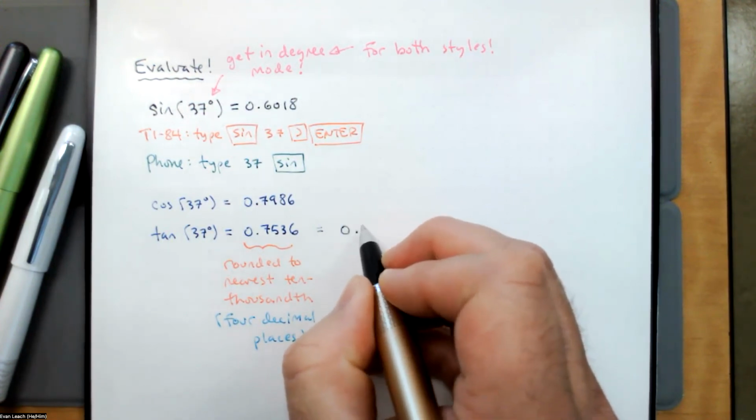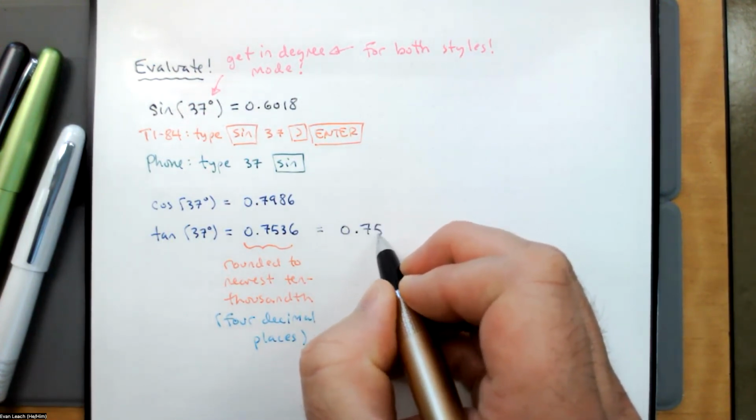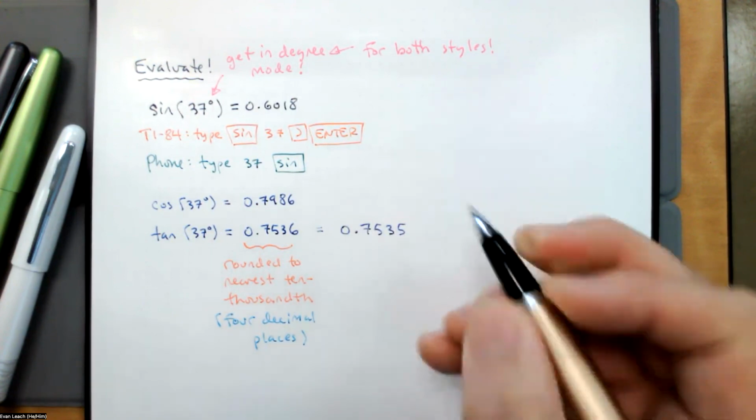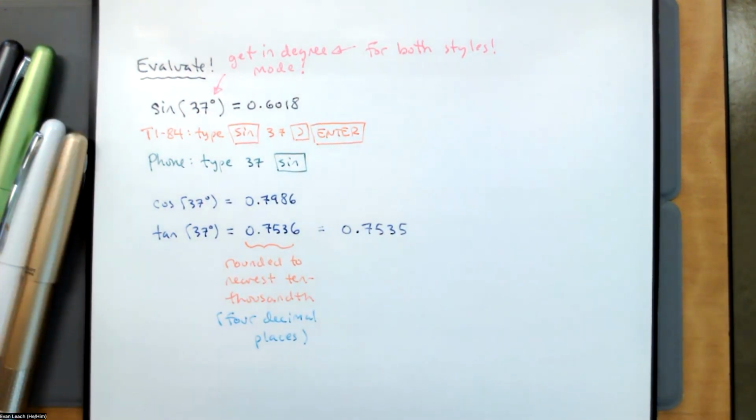This is not great terminology because it's 4 places to the right of the decimal point, and we leave off that part and just say 4 decimal places, mostly because lazy. The other value I would accept is 0.7535. This answer has just been truncated. If you just stop writing after 4 decimal places, then this would be truncated.